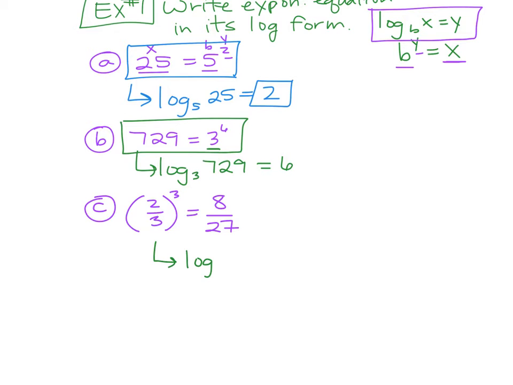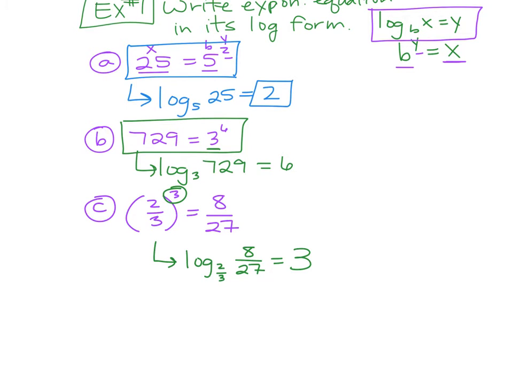It's whatever the exponent is being taken to this number. 2/3 to what power? So log base 2/3 of 8/27 is equal to the exponent, 3. Okay, that's your log form.